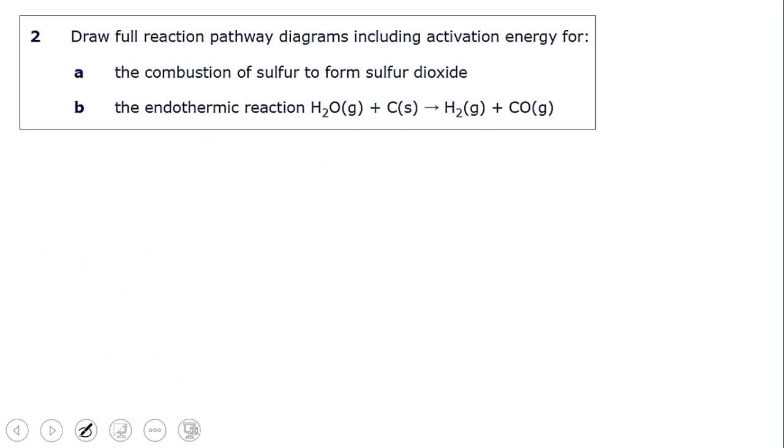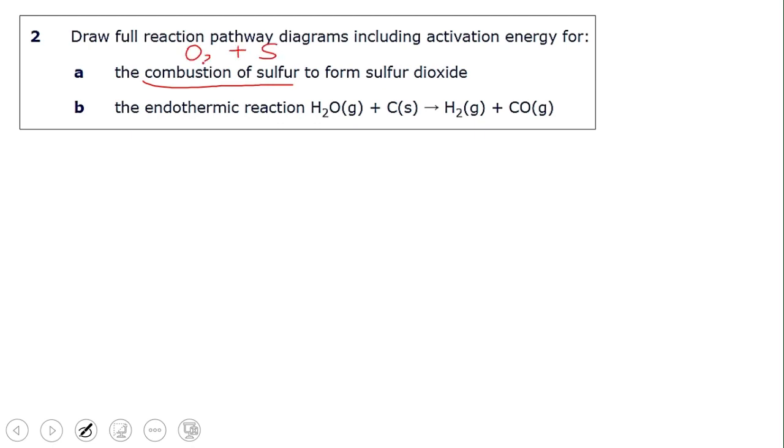Question number 2. Draw a full reaction pathway diagram including activation energy for the combustion of sulfur to form sulfur dioxide. In this reaction, sulfur combustion means sulfur is going to react with oxygen.